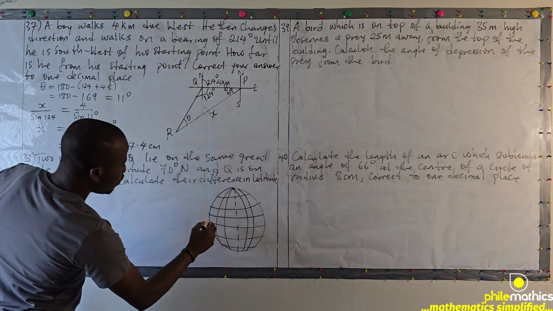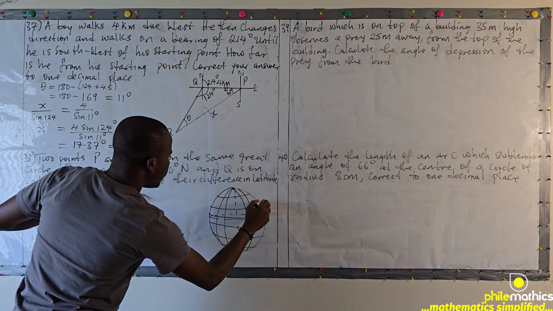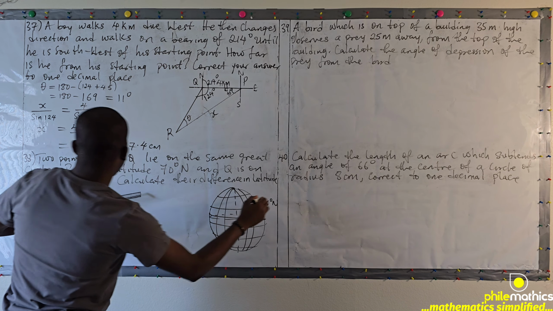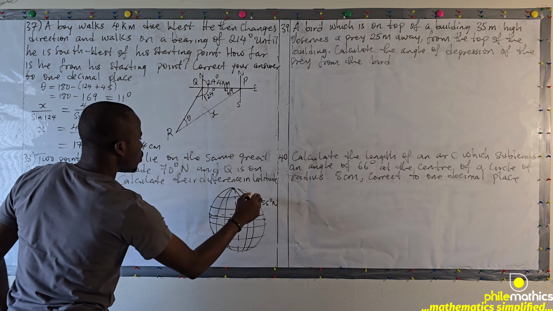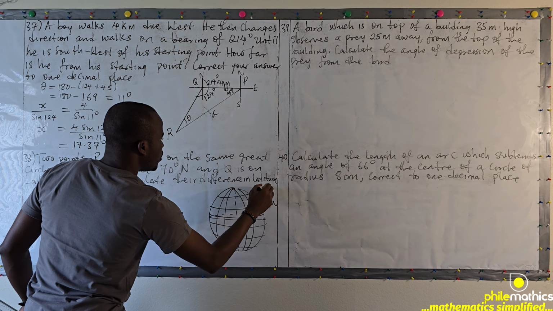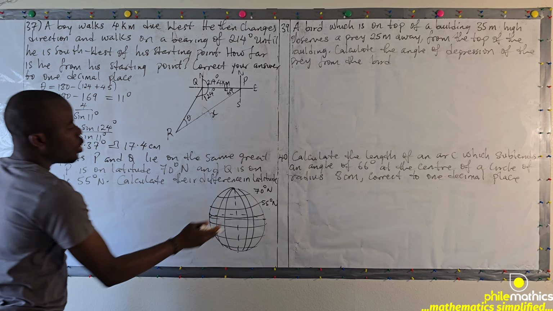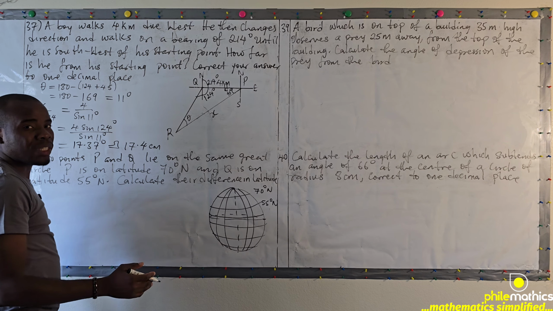If this is the great circle, since we are on the north pole, 55 degrees north, let's say it is here, and 70 degrees north. Since we are on the same hemisphere, we simply subtract.